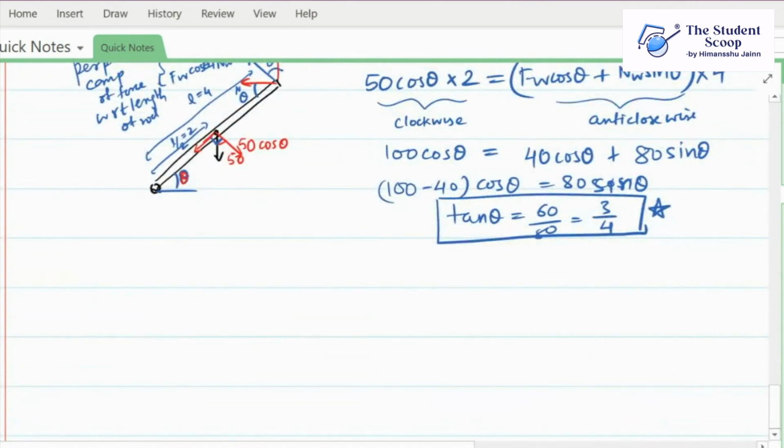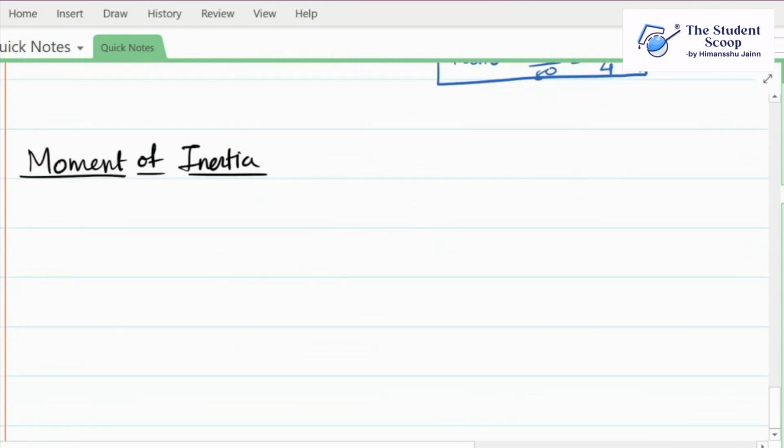Okay. Then ahead in this topic, what we have is moment of inertia. Now, what is moment of inertia? Moment of inertia is a resistance to rotation, in simple words.